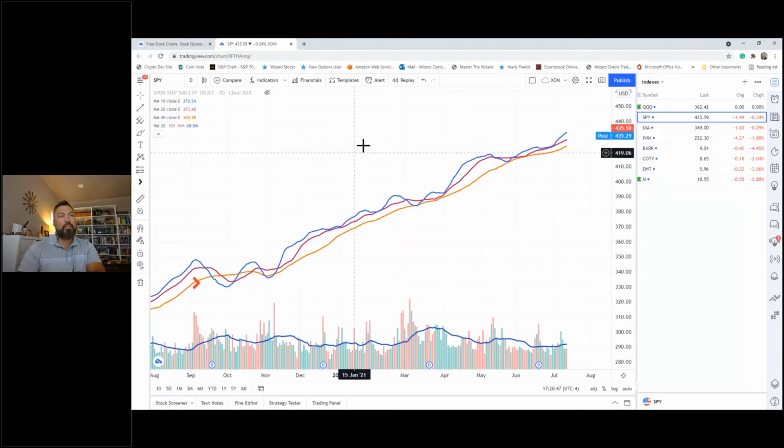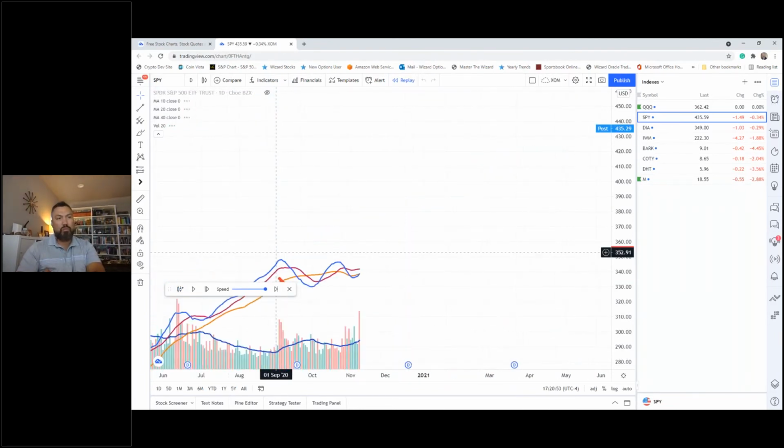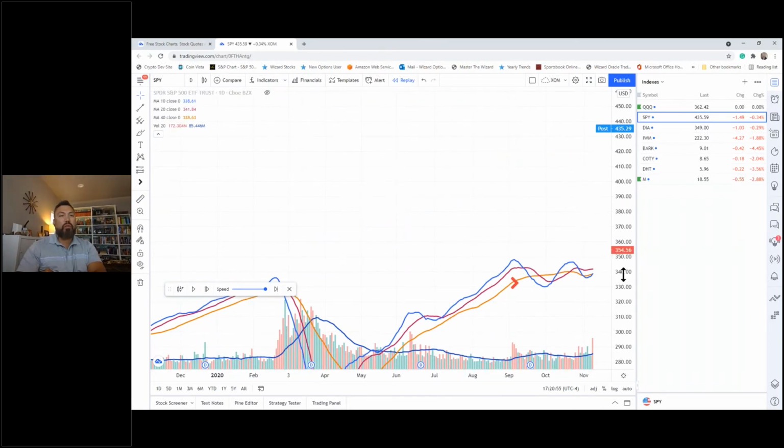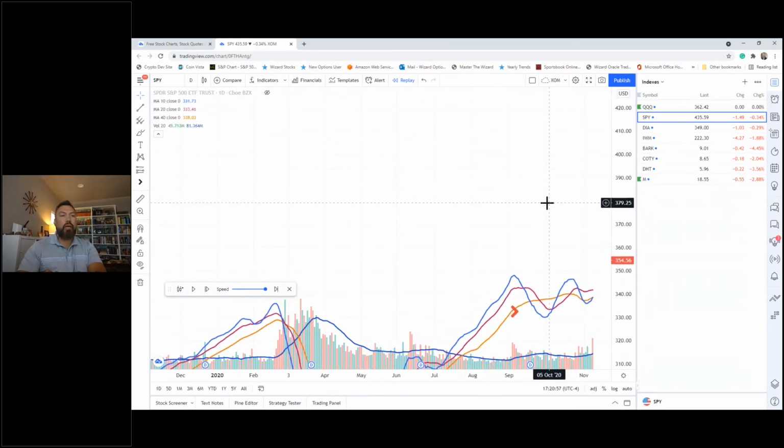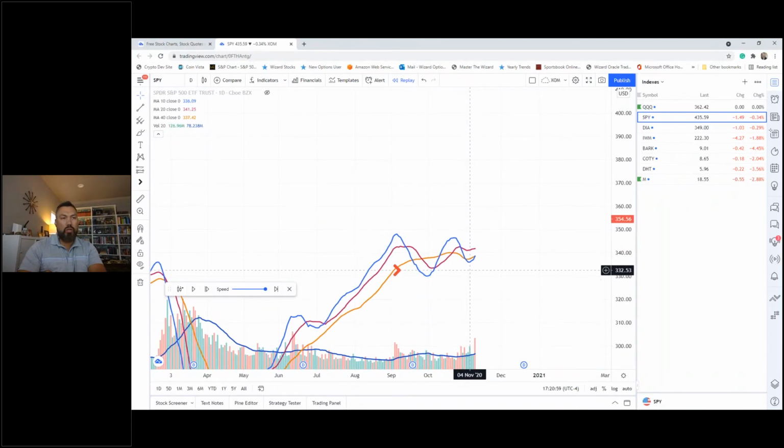Watch this. I'm going to go back in time here. Let's go back to this initial cross. You see this cross happen here, right? I took the price off. You see this blue line hook and break above that 40.